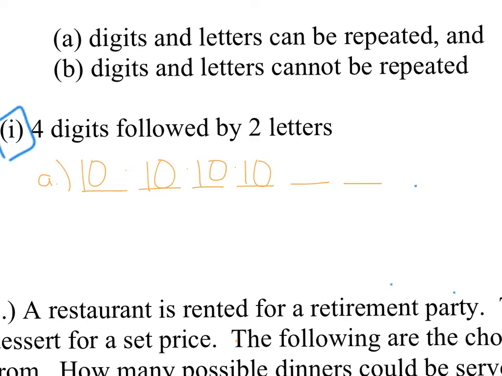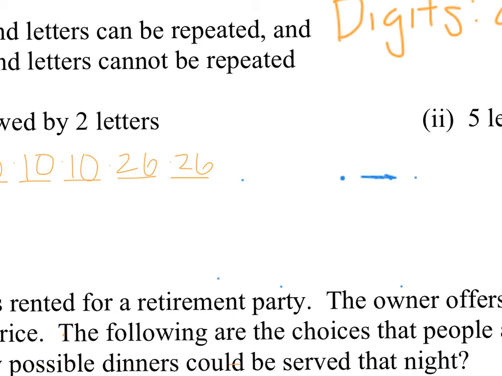The second 2 are letters, so we can choose from any of the 26 letters for both spots. We multiply all 6 of those values together, and you get 6,760,000, or 676,000 possible passwords.